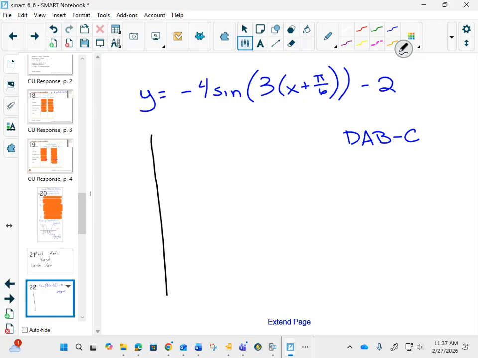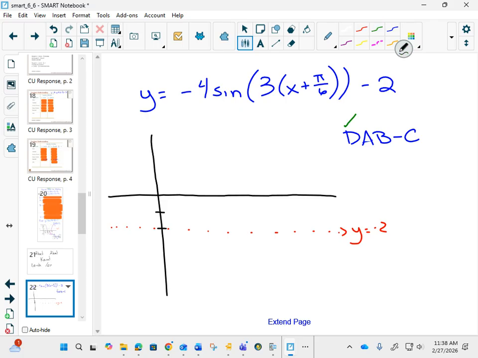But for this one, I'm going to look at this and I'm going to say, okay, can I see my center line at -2? So I'm going to draw my line a little bit higher. So when I draw my center line, I have room above it and below it. Does that kind of make sense? And that's all I have to do for D.